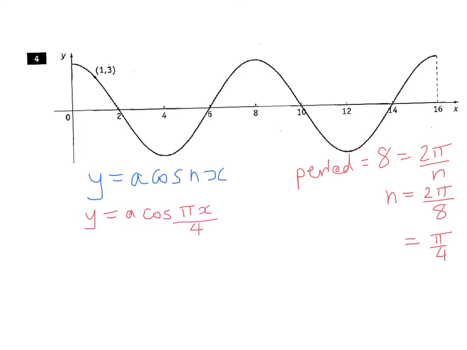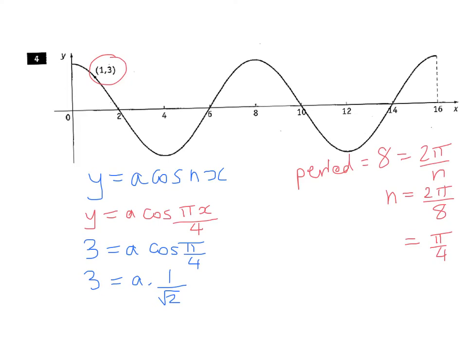Okay, so our equation becomes y equals a cos of pi on 4 x, or pi x on 4. Alright, substituting in this point that lies on our line, when x equals 1, y equals 3. So subbing that in, when x equals 1, that just becomes cos of pi on 4. Cos of pi on 4 is 1 on root 2.